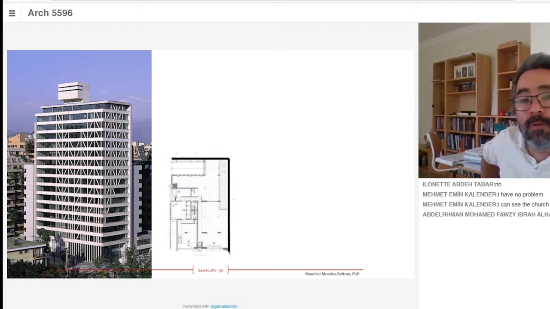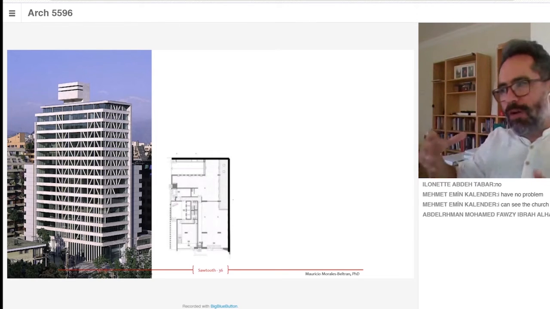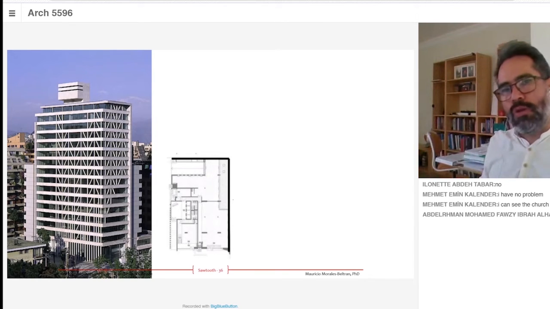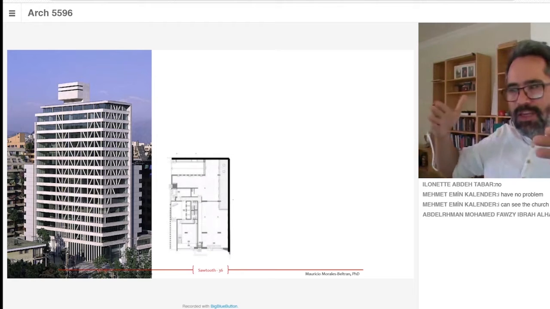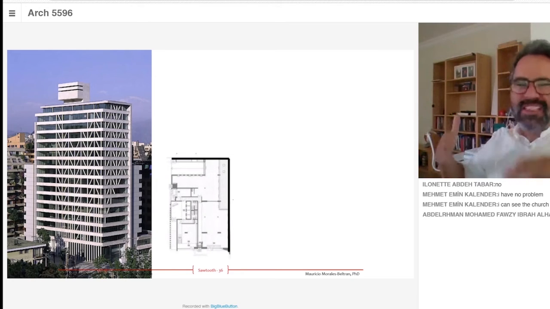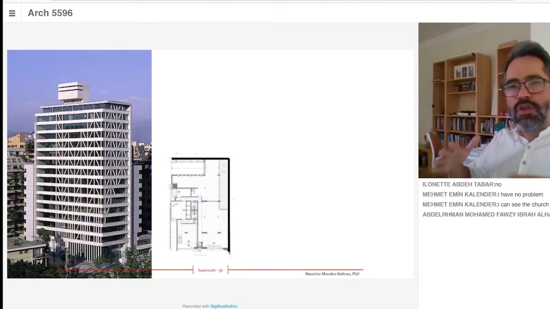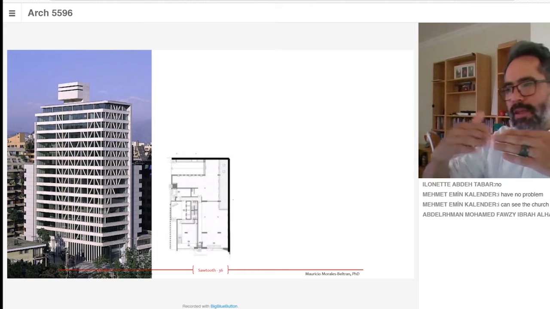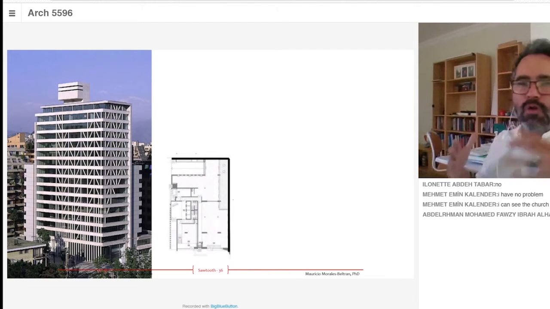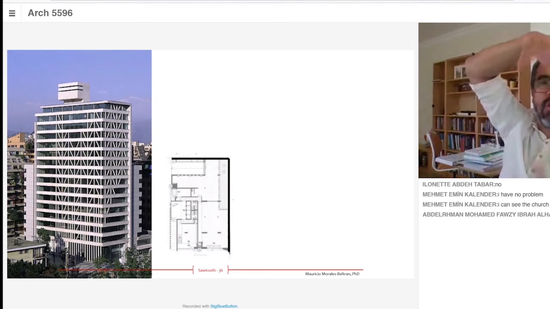Now, I don't want to go really deep into the technical part, but that is going to provoke a huge problem of torsion in the building because these walls represent lateral stiffness. So when the earthquake comes, these thick walls are going to take most of the resistance. So the building is going to start twisting. There will be a lot of torsion.